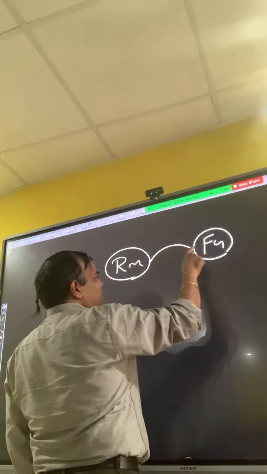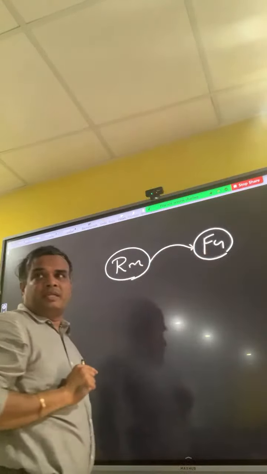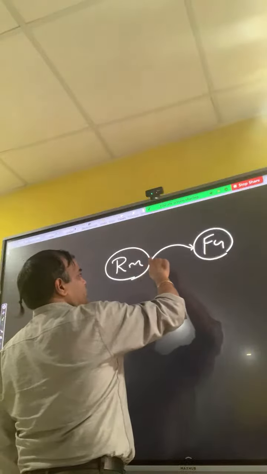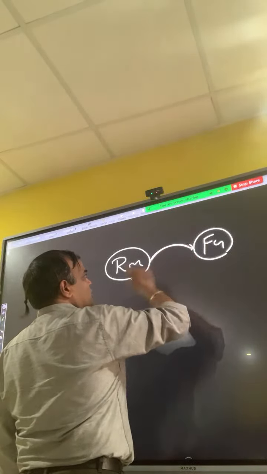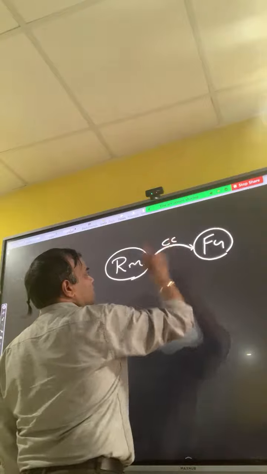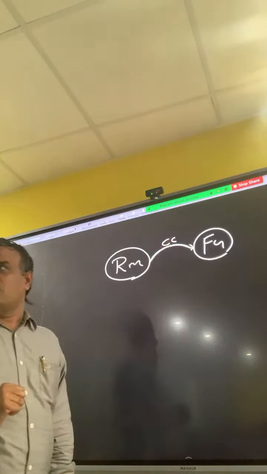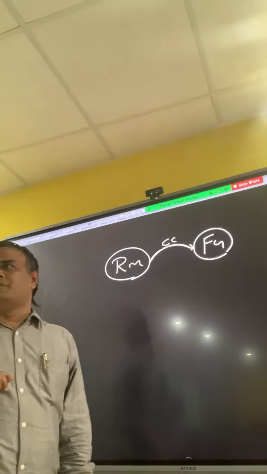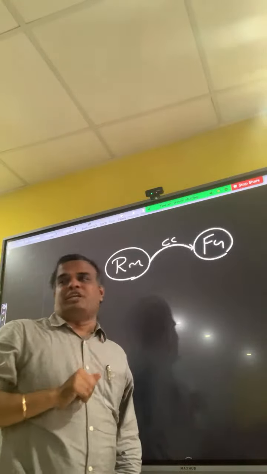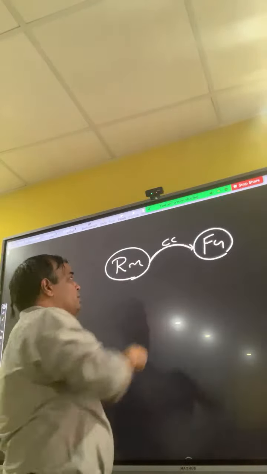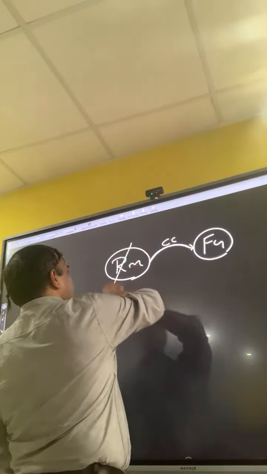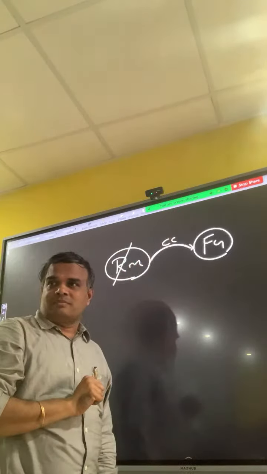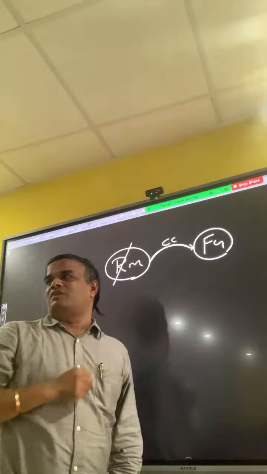In between, what are all the costs I am going to incur? Those costs are called conversion costs. So, the beauty of the definition is converting raw material into finished goods. Therefore, raw material cost will not form part of conversion cost. Other than raw material cost is called conversion cost.